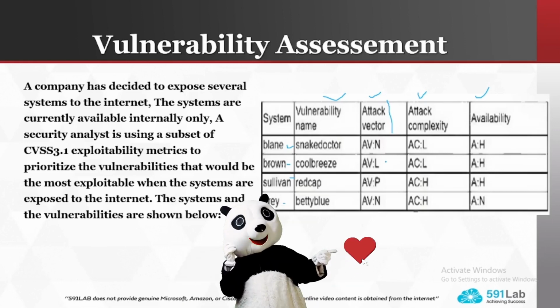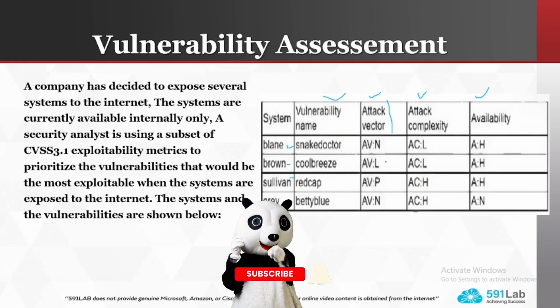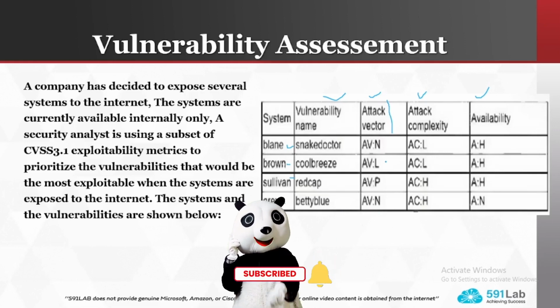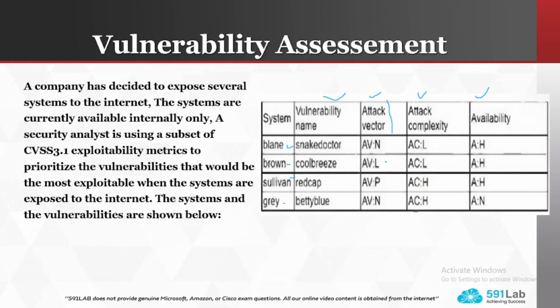Lower privileges are easier for an attacker to obtain, while user interaction indicates whether the user must act, like clicking a malicious link. Exploitation without any user interaction makes the vulnerability more critical. So making an informed decision between Plain and Gray is required here.